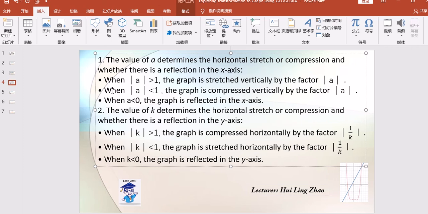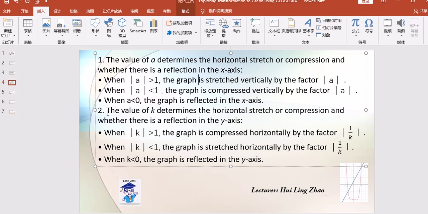When the absolute value of a is less than 1, the graph is compressed vertically by the factor of absolute a. When a is less than 0, the graph is reflected in the x-axis.